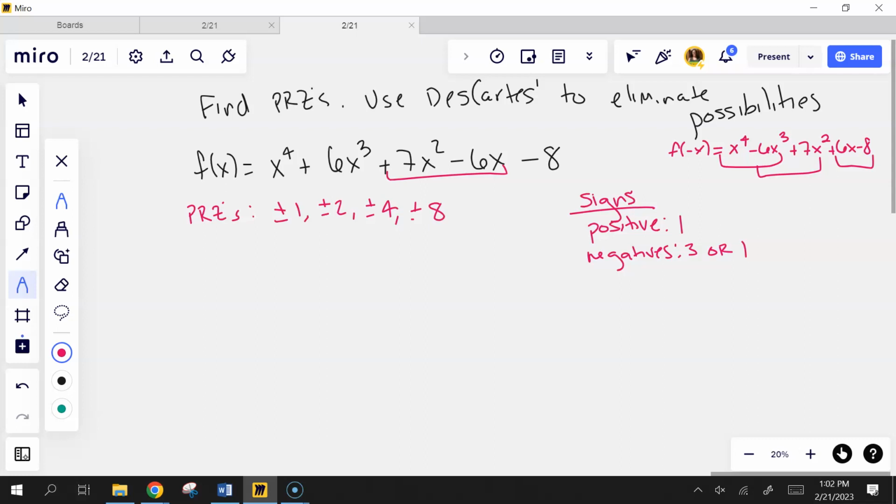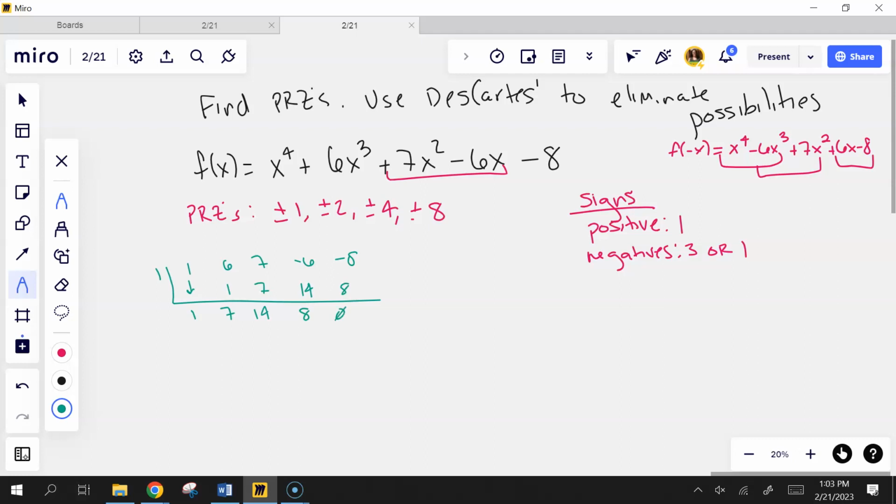Okay, so why is that handy? Well, let's say I started with 1 as my PRZ to test. I test 1 and I go, okay, 1, 6, 7, negative 6, negative 8. Drop it, multiply, add, 4, 8, 8.